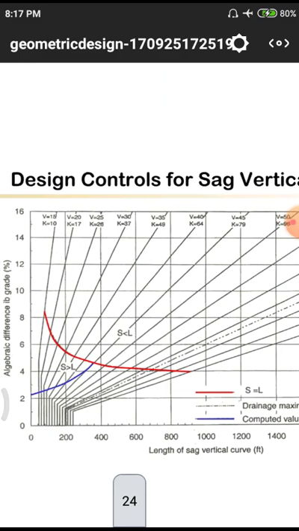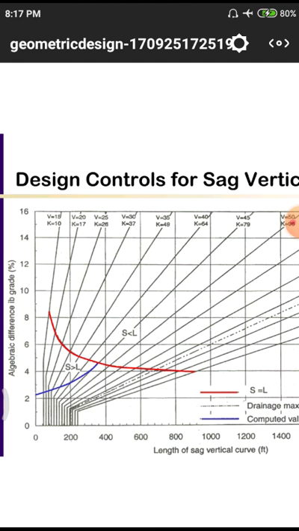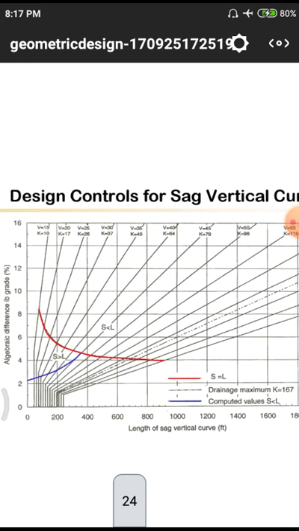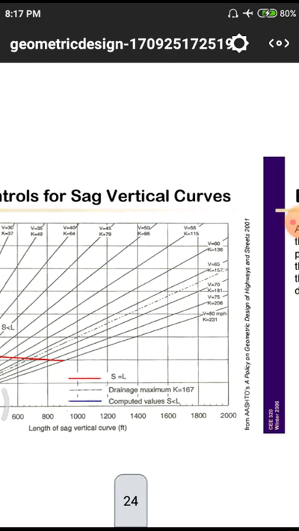Here also same alignment difference, that means 0, 2, 4, 6, 8 and 200, 400, 600 gradients. Simply we have to use these iterations and we need to follow the particular grade value.